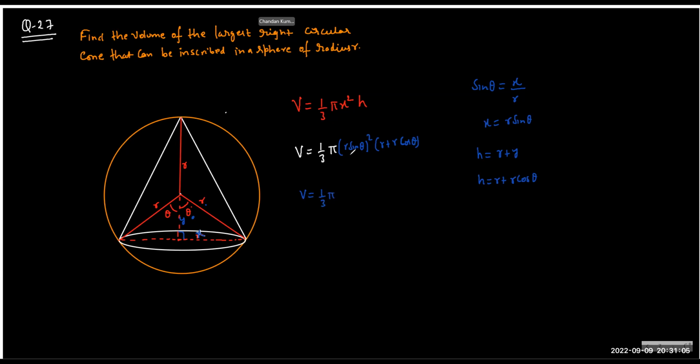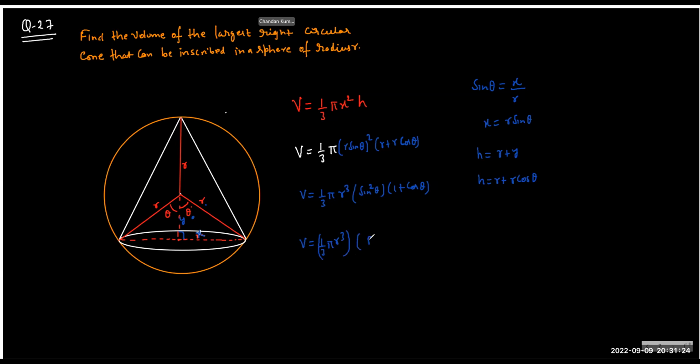So what we get is r square, which is r cube, sine square theta into 1 plus cos theta. So finally, the volume turns out to be 1 by 3 pi r cube, which is an entirely constant number.